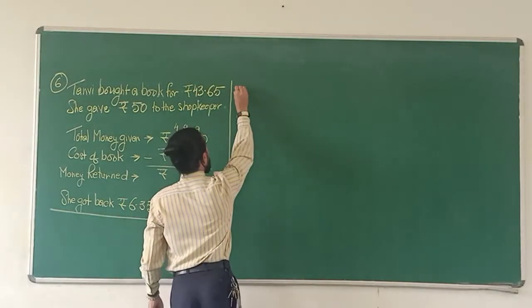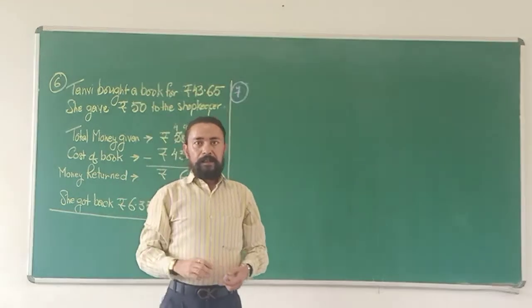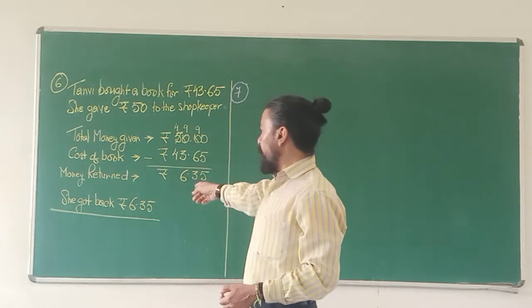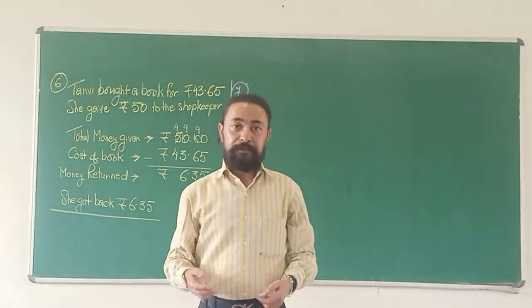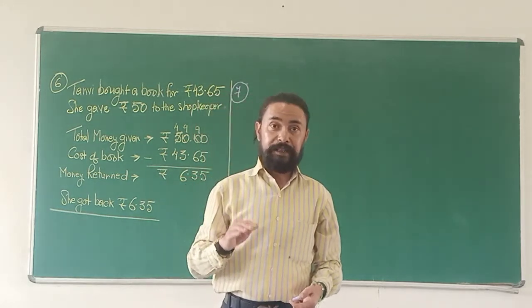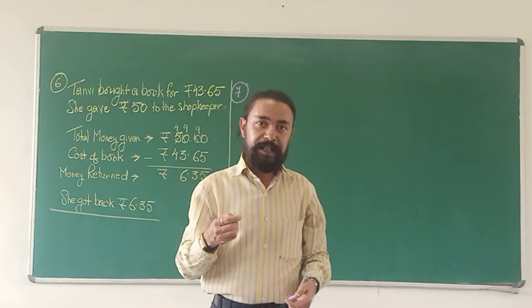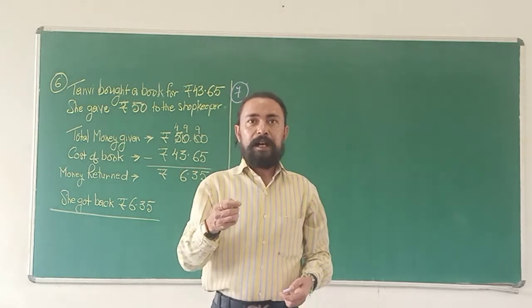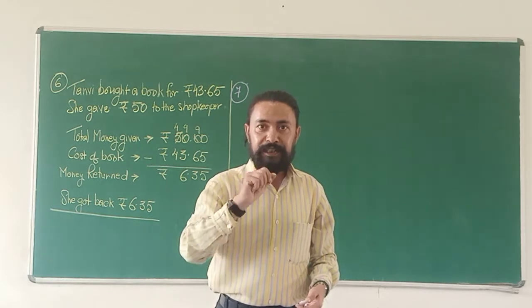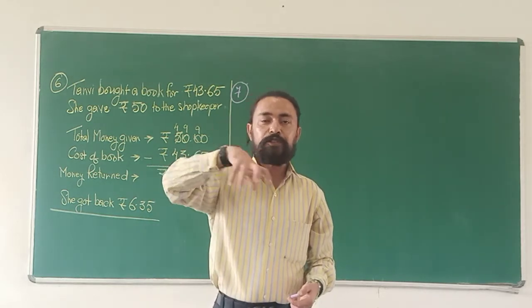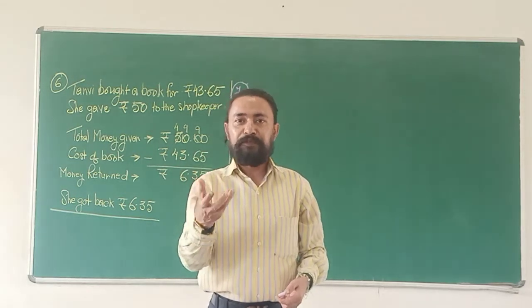Sum number 7. Now here you can see she got back rupees 6.35. Now we don't have any paise. When I was a small little child and a kid like you, we used to deal in paise. I used to get a biscuit for 10 paise and I used to get a gola of ice, which they shaped and put lots of colored flavored juice over, for 50 paise.